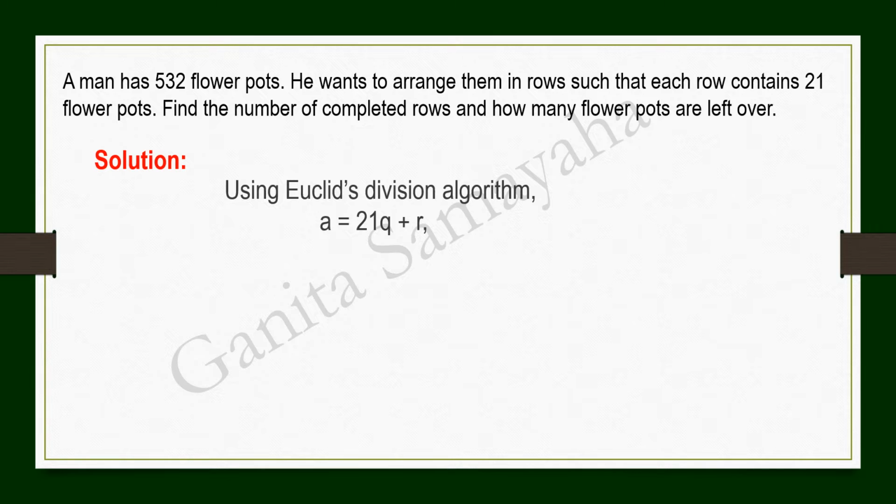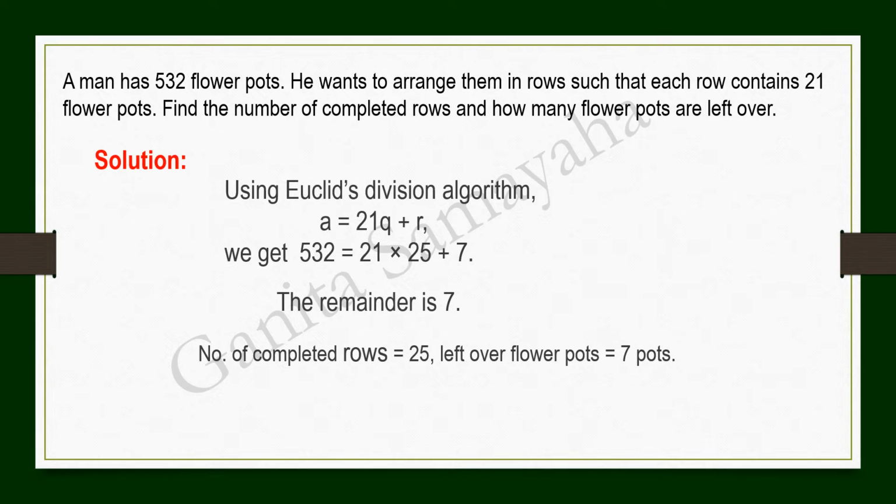And we know our a is 532. So 532 is equal to 21 into 25 plus 7. So this tells us that the remainder is 7. So the number of flower pots that is left over is 7 and we have got 25 rows. Very simple, isn't it, children? I'm sure all of you must have got it right.